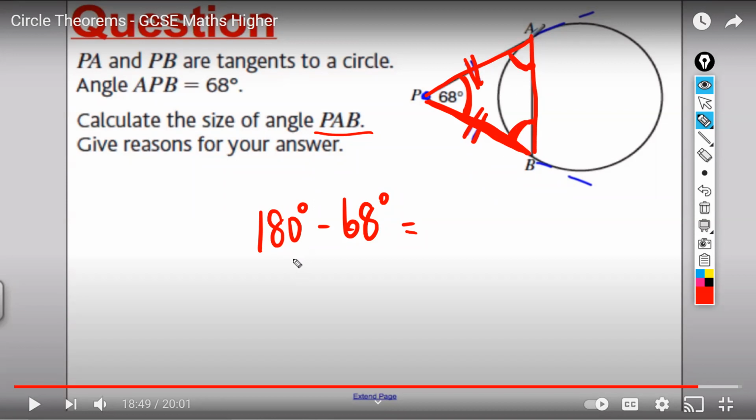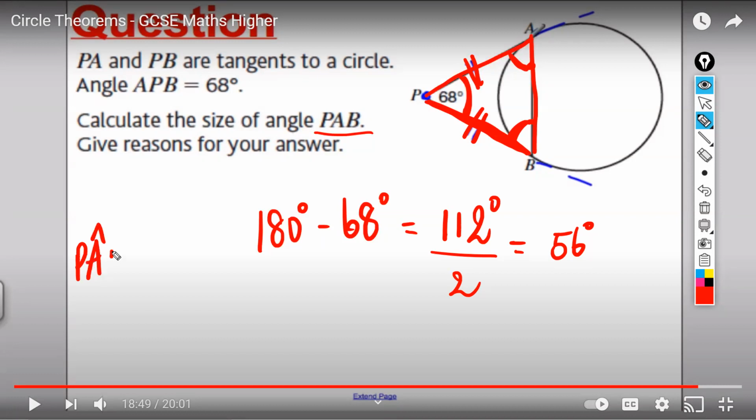Cool. So 180 minus 68, guys, would give us 112 degrees. So these two angles here, when you add them together, would be 112. And if we divide this 112 by 2, I think we're going to get 56 degrees. So up here, the angle they're asking for, PAB, is equal to 56 degrees.